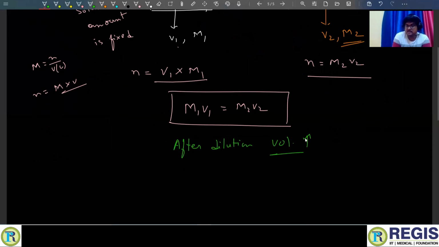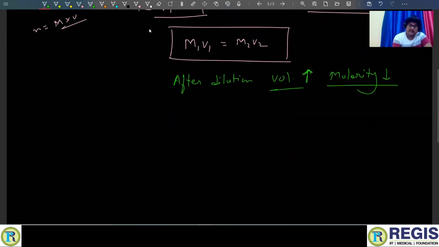If the volume increases, molarity always decreases. Okay. Is it clear? That is about molarity of dilution.